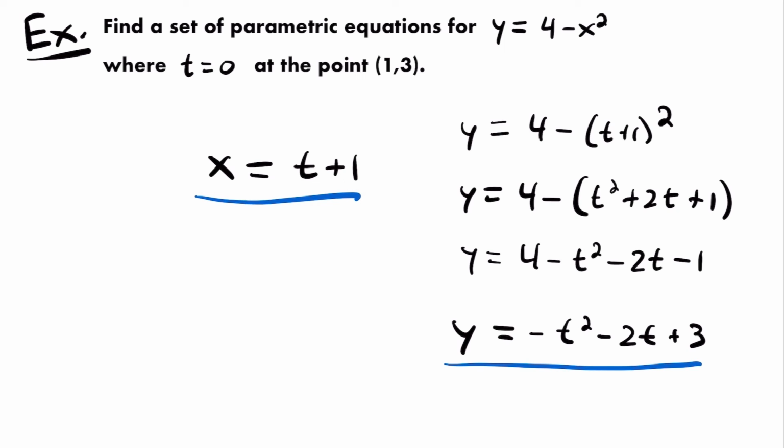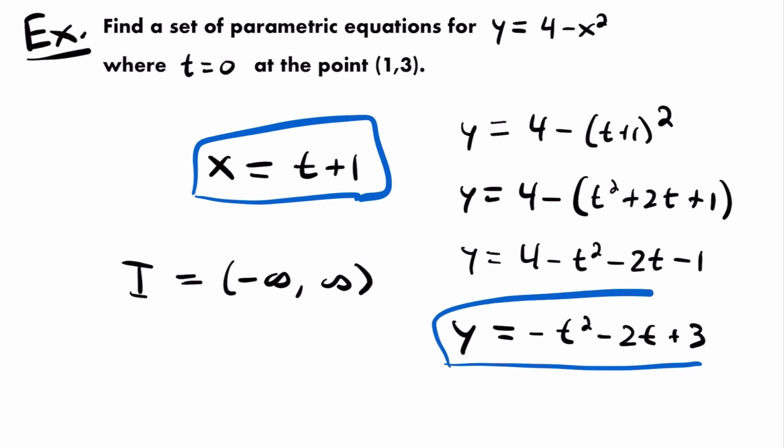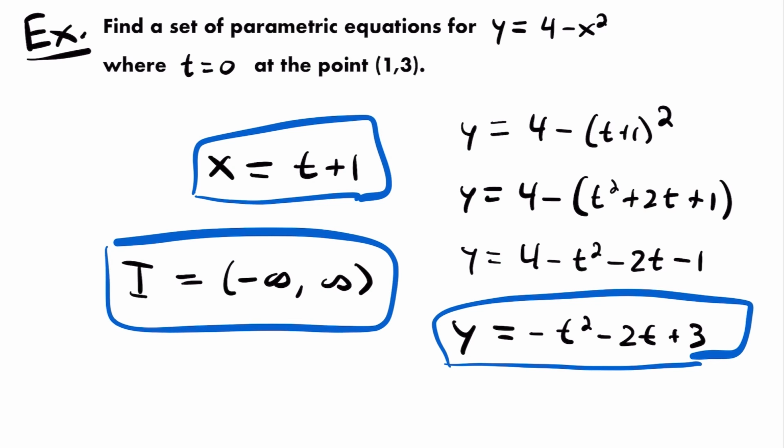So in this case, if we're looking at x and y, there's no restrictions on what t can be because we don't have any square roots or rational expressions, meaning we can use negative values of t, and we don't have to worry about having any undefined values because we're dividing by 0 or anything. So we can just say that our parameter interval will be equal to negative infinity to infinity. t can be any value. All right, and so there's our parametric equations, and there's the interval for that parameter.